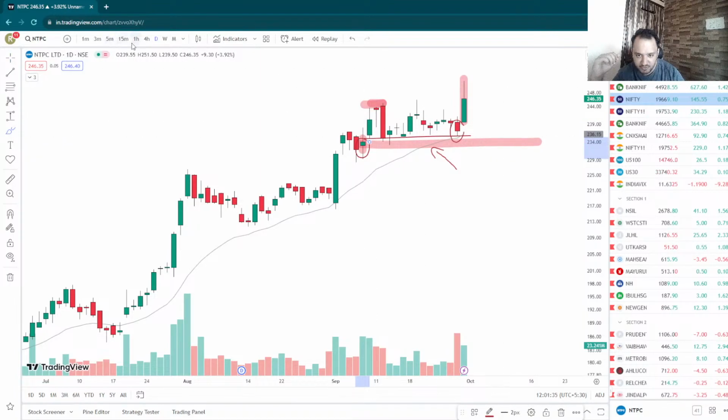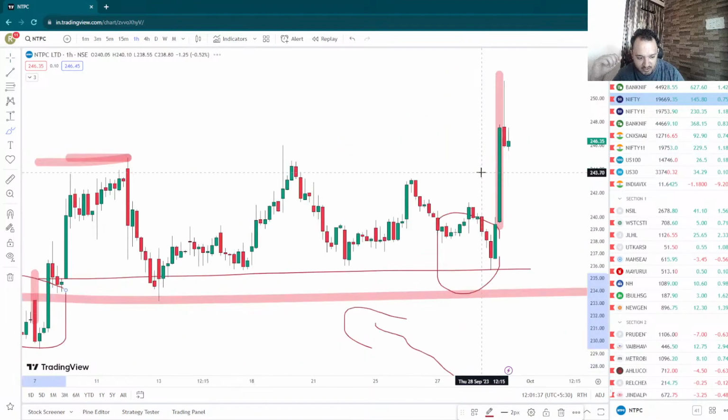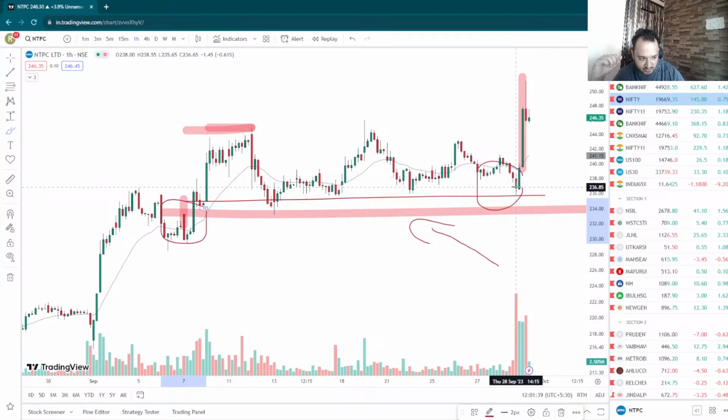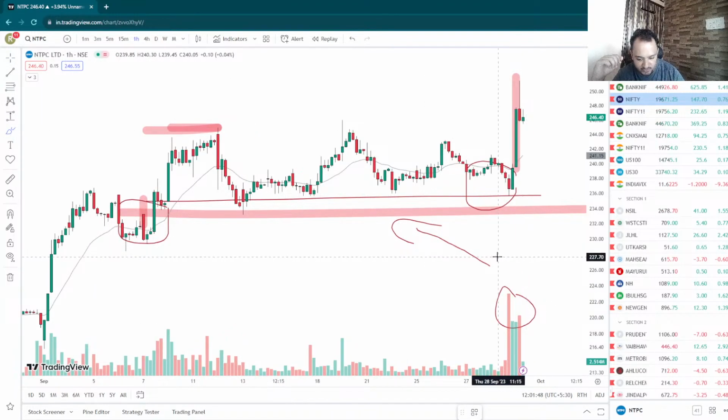It's holding the demand, probably set up on the hourly as well. There was a nice dip here and huge volume spikes, and then you got a nice move today. Usually I ignore the volume, but to explain this move you can consider it, because there was a dip, huge volume, and then a breakout here.